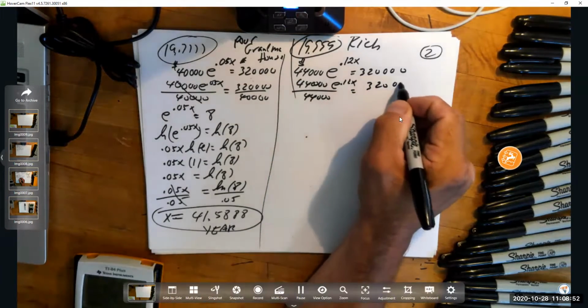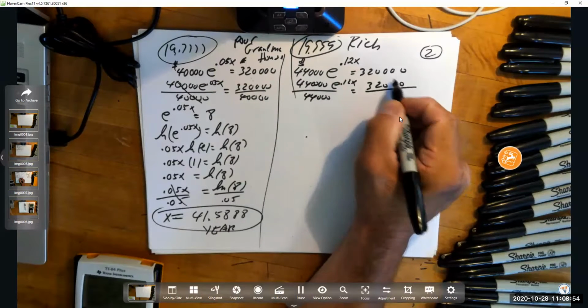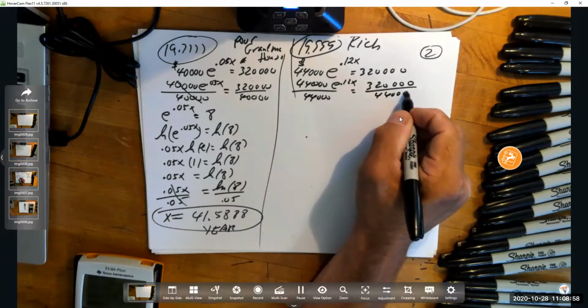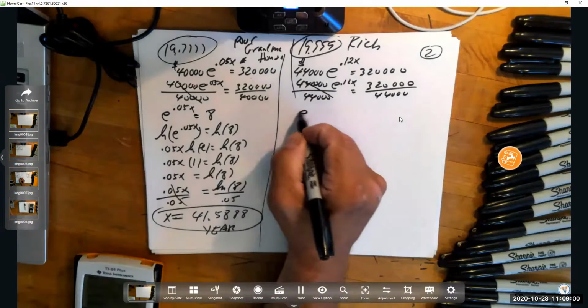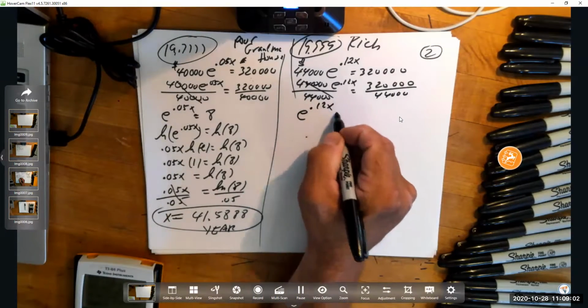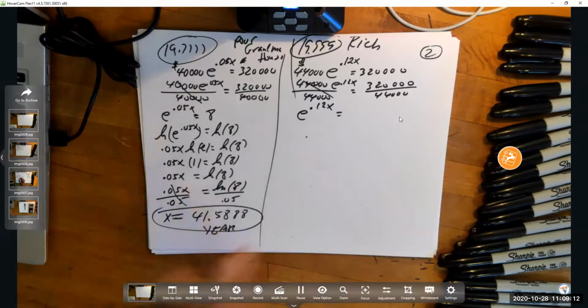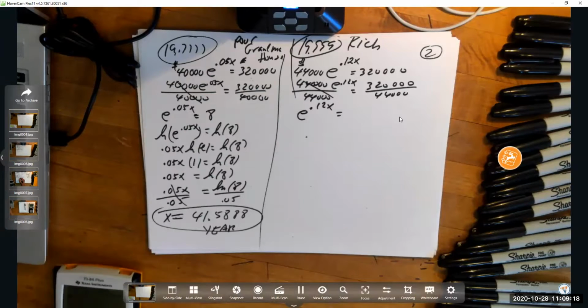1, 2, 3, 4 zeros. There you go. These are gone. All right, so now 320,000 divided by that number, 320,000 divided by 44,000. Just give me like 6 numbers.